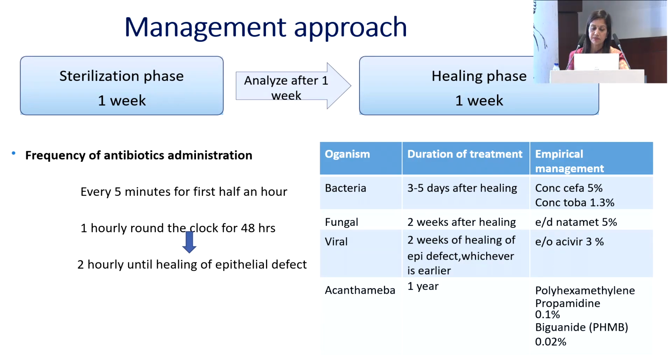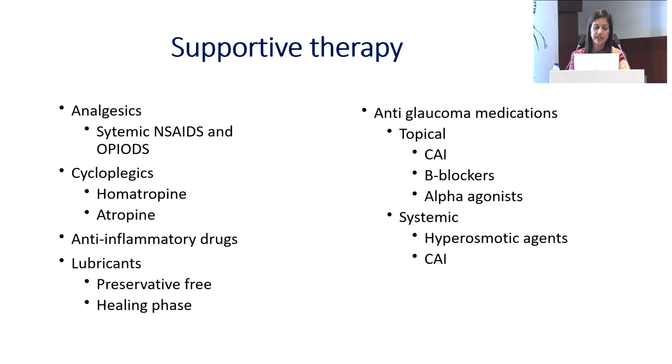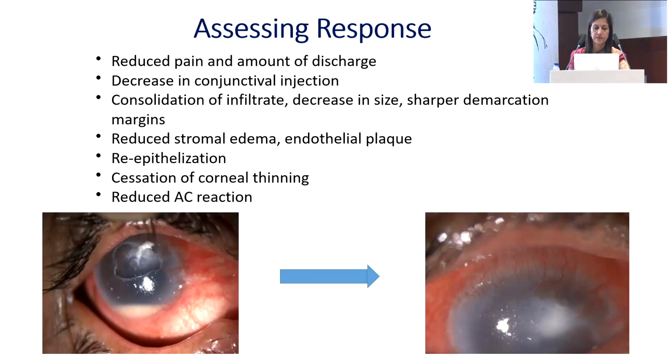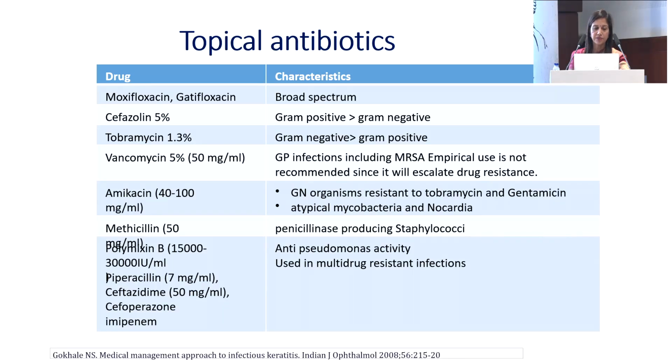The empiric management, if it is a bigger ulcer, is concentrated cefazolin and concentrated tobramycin. Then supportive therapy is pain management, cycloplegia, anti-inflammatory, lubricant, and anti-glaucoma. After assessing the response, by reduction in signs and symptoms, we can give these broad spectrum antibiotics.